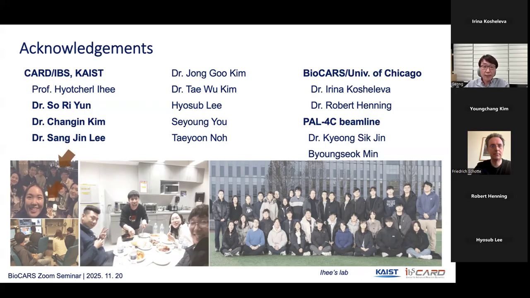The main concepts and the design of the project were developed by myself together with Professor Ihee, with sample preparation and initial dynamics studies by Dr. Sori Yoon and Dr. Chang-in Kim, and molecular dynamics by Dr. Sang-jin Lee. Other biochemical experiments, including the mutagenesis and BioCARS experiments, were conducted with all authors.